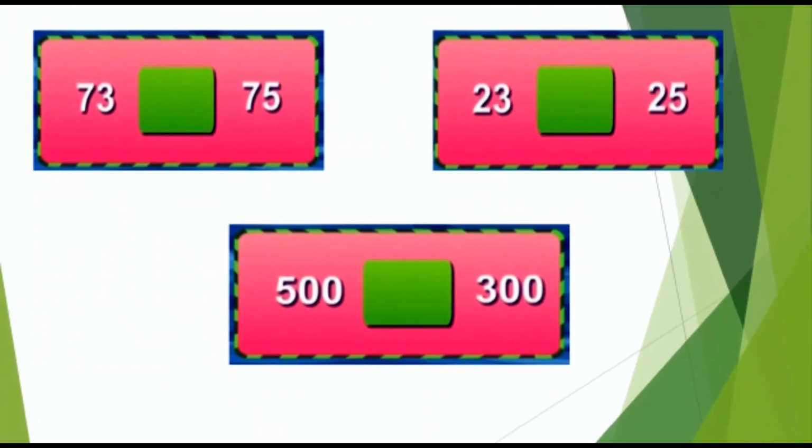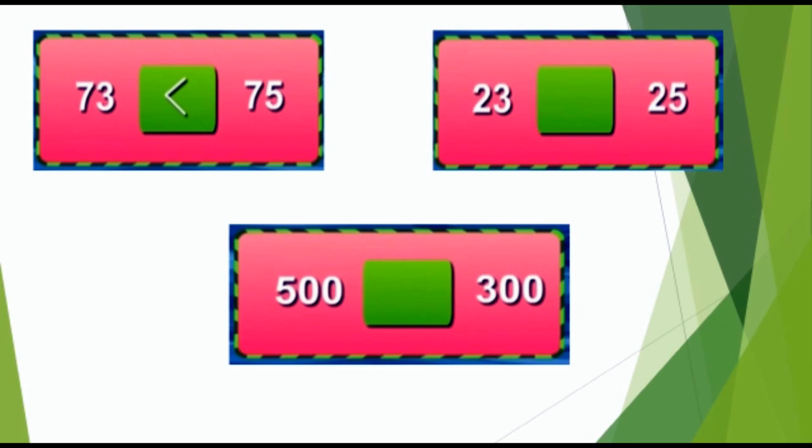73, 75. 73 is smaller than 75. So we put the symbol of smaller facing 73, showing 73 is lesser than 75. 23, 25. 23 is smaller than 25.